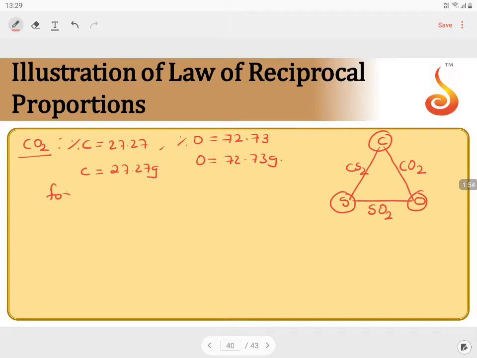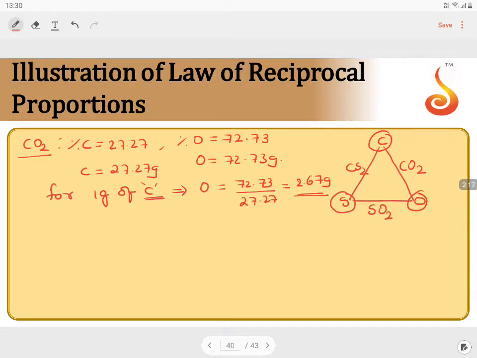So for 1 gram of carbon, the mass of oxygen is equal to 72.73 by 27.27, which is equal to 2.67 grams.